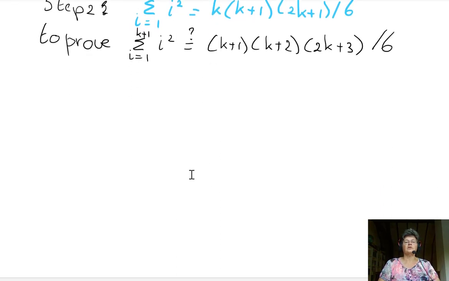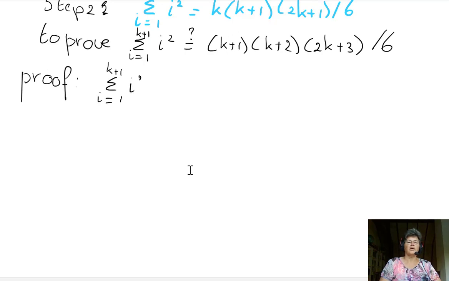Okay, let's try to do that. So we start on the left. Proof. The sum i equals 1 to k plus 1 of i square equals. Now we need to reason to the right part, and we can use our knowledge of the assumption. In the assumption we know something about the sum until k.